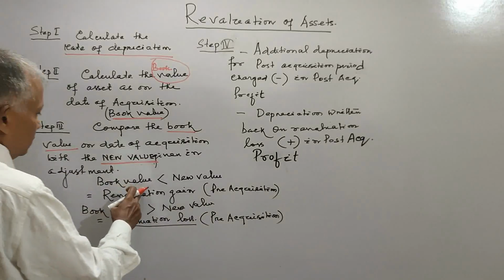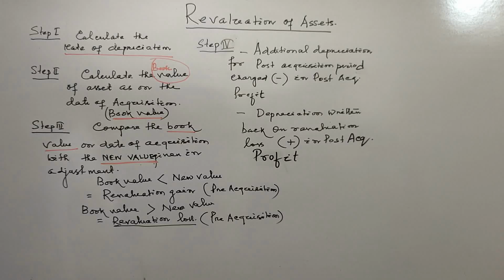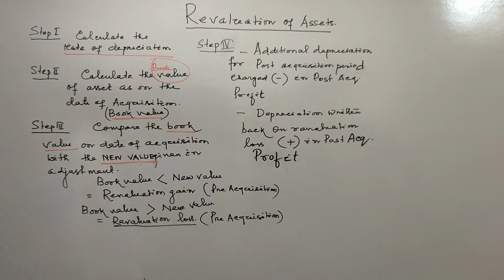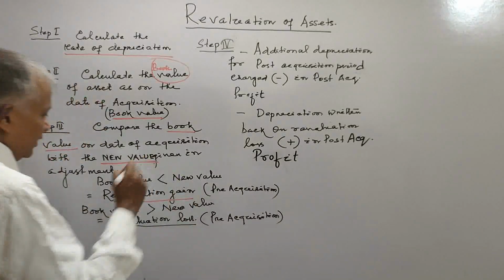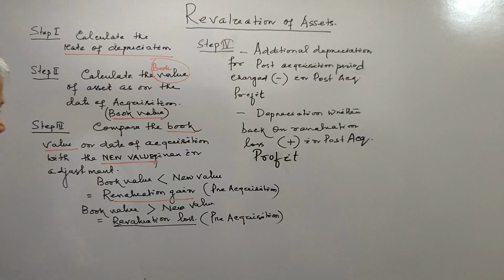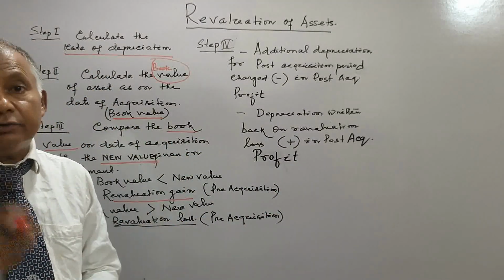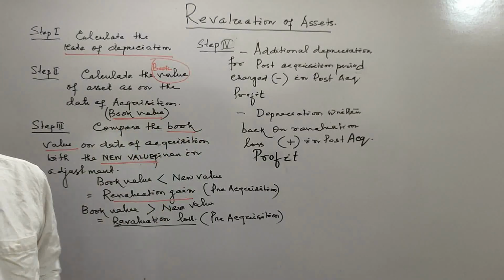So book value is lower, new value is higher. That means we are increasing the value of the asset. This is your revaluation gain. Suppose the book value is 1 lakh and your new value given in your question is 1,20,000.